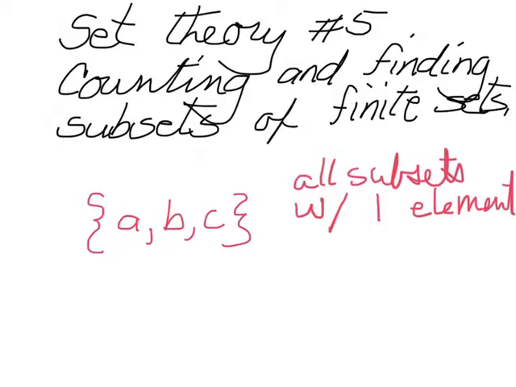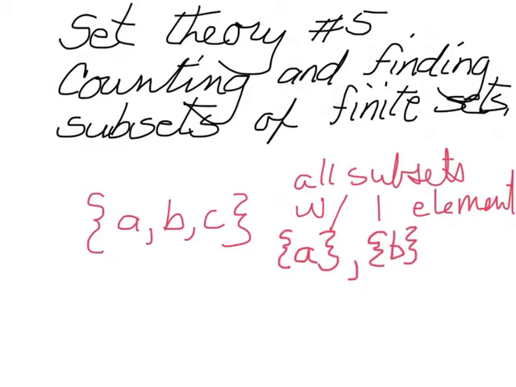Why don't you give that a try? That's right. The subsets are the set A, the subset containing B, and the subset containing C. So those are all the subsets of our original set. We'll call it set A with one element.